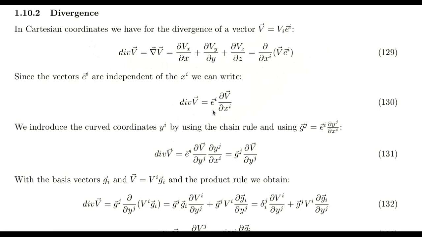Then we introduce curved coordinates, we call them y again, and we use the chain rule then. That means instead of the differentiation of the v field with respect to the x coordinates, we differentiate with respect to the y coordinates now, but then we have an additional differential quotient dy dx here.